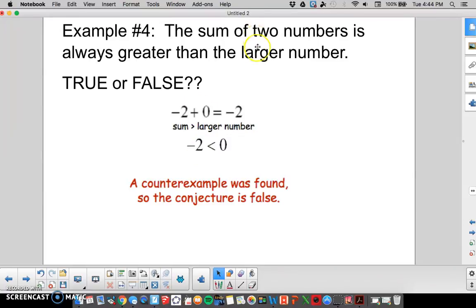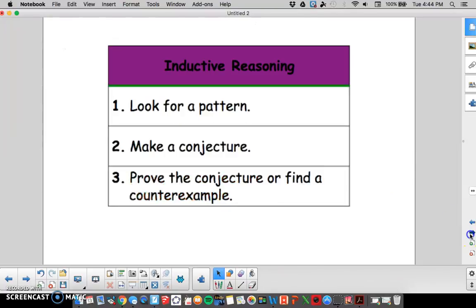So the sum of two numbers is not always greater than the larger number. In inductive reasoning, we always want to look for a pattern, make a conjecture, and then prove the conjecture or find a counterexample. Proving a conjecture has to do with a formal proof, and we're going to do lots of examples of these as we move through this year. We won't quite get there just yet, but we will eventually.